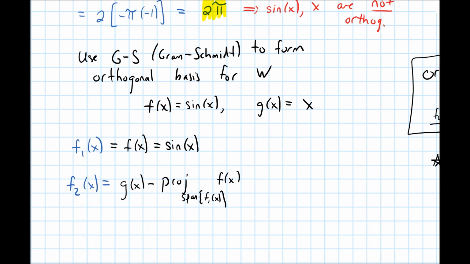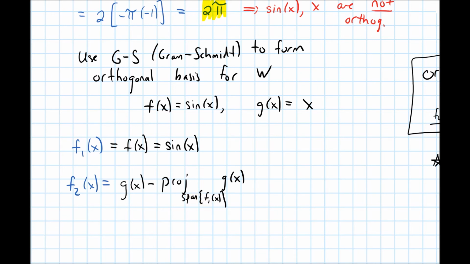I'm sorry, I meant to write g of x here. So I want to project this second function in my independent set, g of x, onto the span of the previous orthogonal functions. So that's why I'm writing f1 here, span of f1, and not just the span of f.